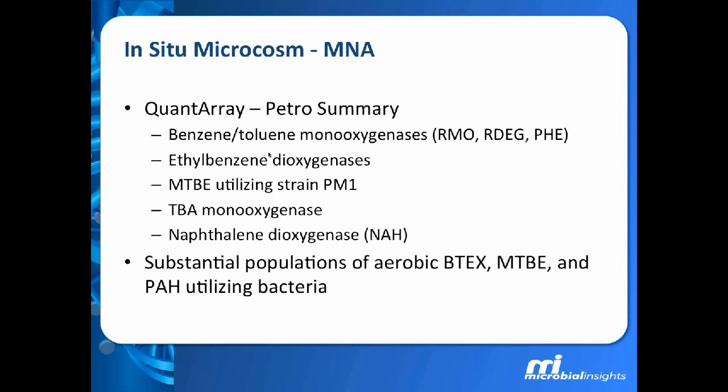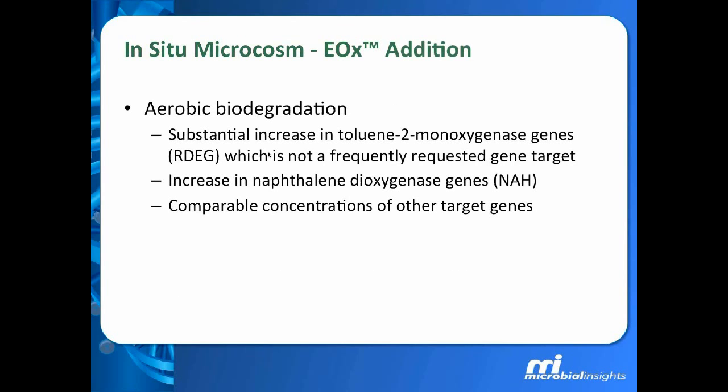So to summarize this study, what we saw is under natural conditions, there were substantial populations of organisms that did have the genetic potential to degrade BTEX, MTBE, and PAHs. When we add oxygen, we see increases in the genes that are important for BTEX biodegradation as well as naphthalene biodegradation.